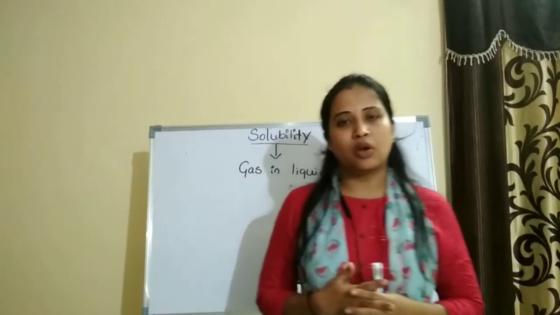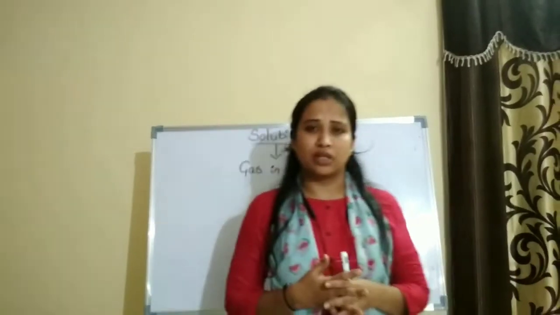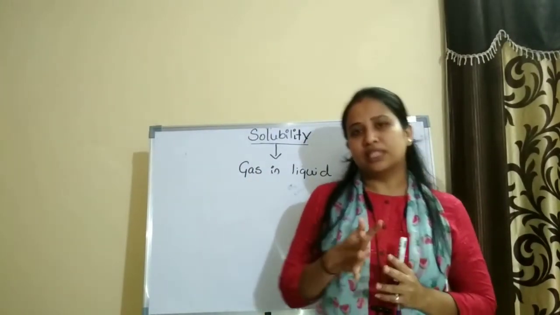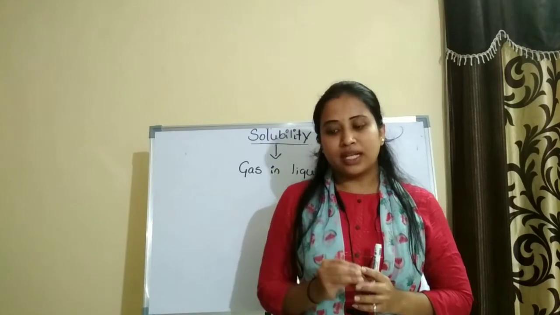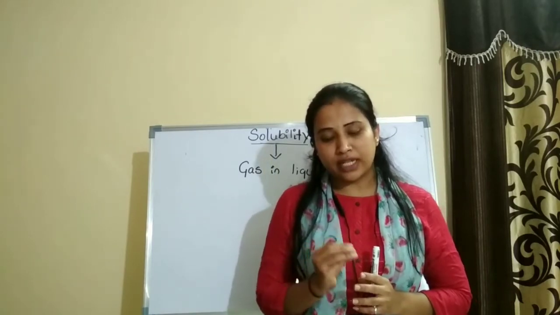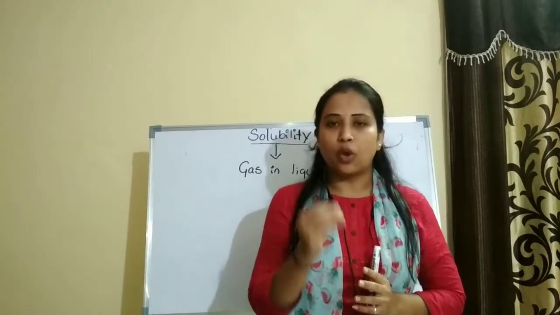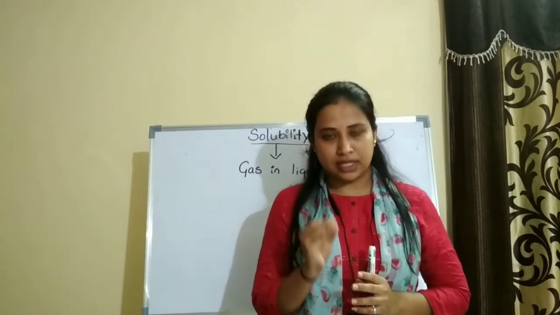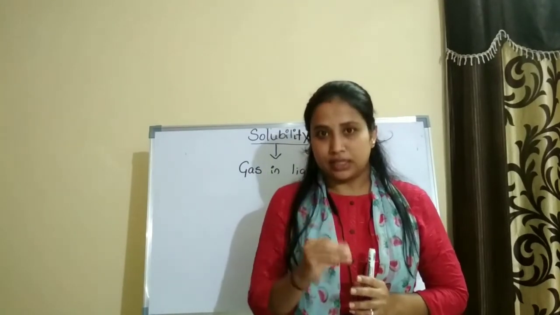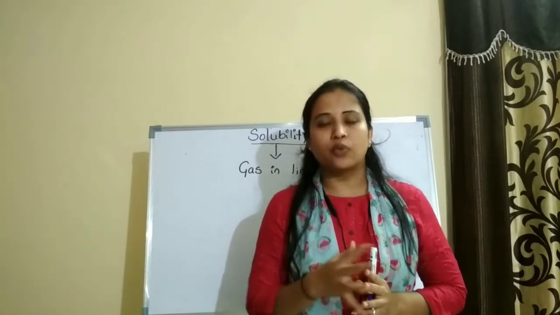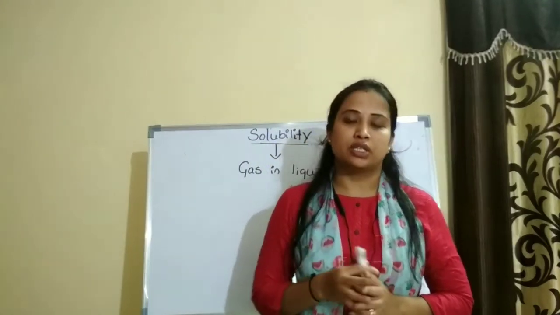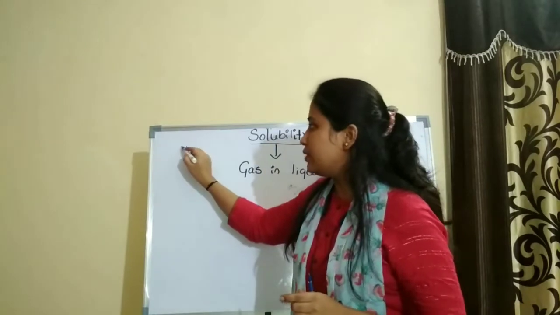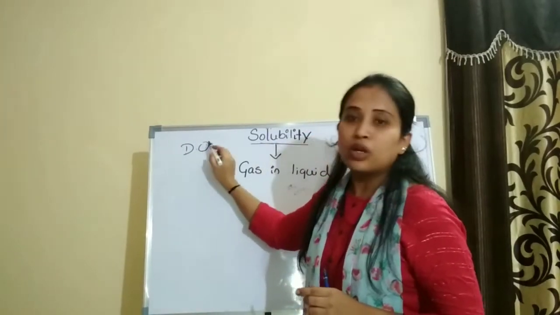Another example is sea water, pond water or lake water, where aquatic animals survive. For them to survive they need oxygen, so oxygen gas is present in the water in a dissolved condition, which we call DO, dissolved oxygen.